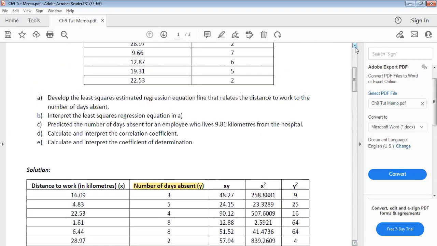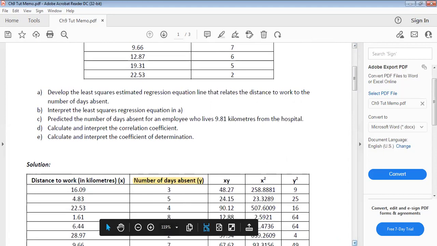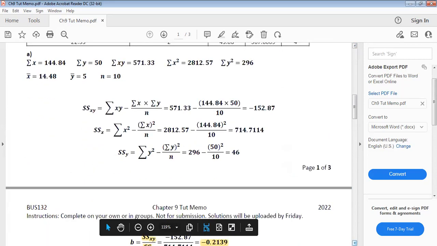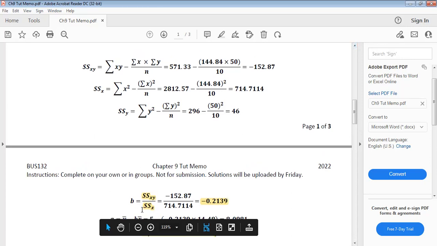Okay, so let's go to question 2. That's how you find the estimated regression equation line. It's just a matter of finding the values of your means and the sums of squares, and knowing the formula of a and of b, and also what consists of those formulas.